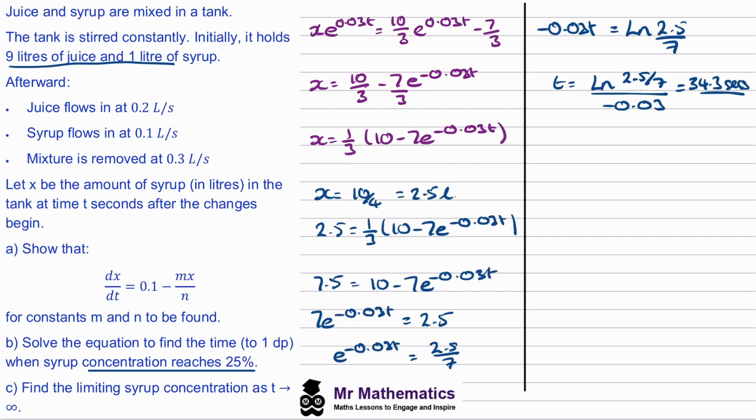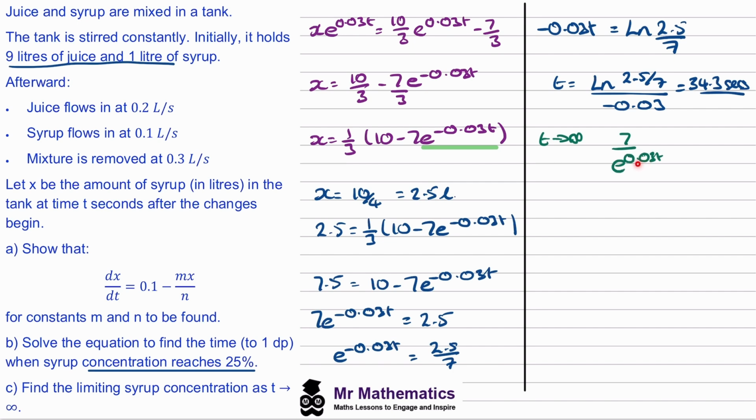And then for part C, find the limiting syrup concentration as t tends to infinity. So if t tends to infinity, and we substitute that into our model, then this bit will tend to 0, because we'll have 7 over e to the 0.03t.